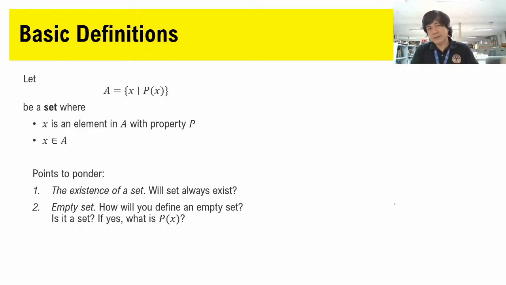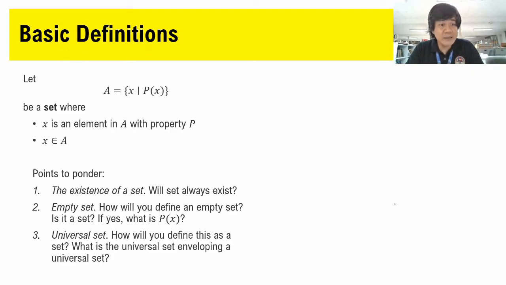So if we go back to the notion of sets, is an empty set a set? Is this really real? How do you define an empty set in terms of this logical expression of a set?